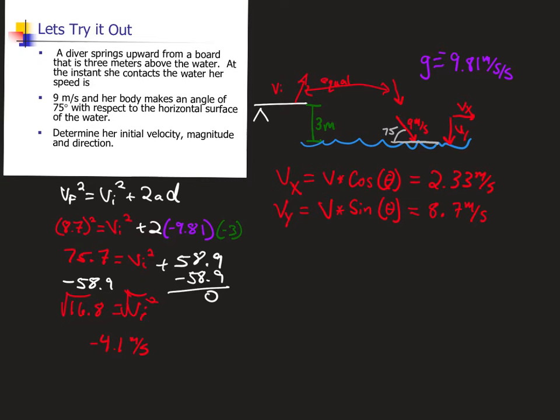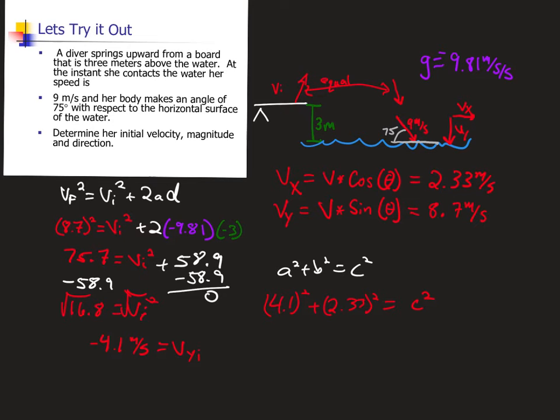Since we also know the v sub x, and this is the initial velocity in the y, we will now be able to utilize a squared plus b squared equals c squared, since we will have 4.1 squared plus 2.33 squared equal to c squared.